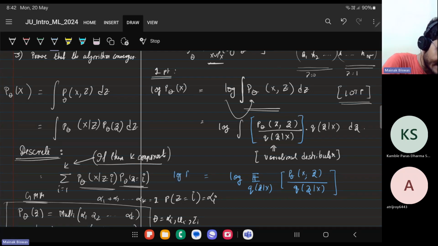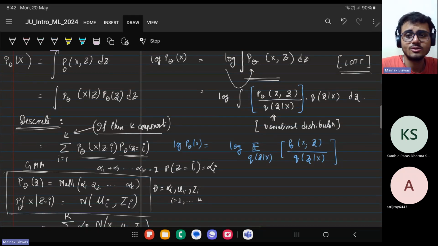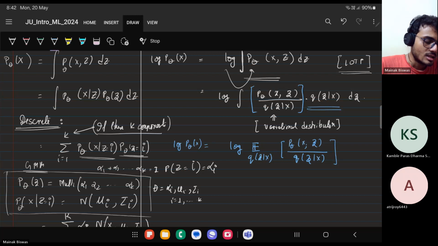This is my maximum likelihood value, the log likelihood value, correct? I just took a distribution, expectation over this distribution. So f of x into p of x is expected value of f of x. That's what I wrote.